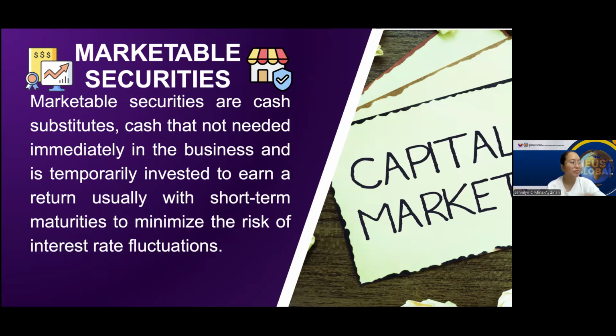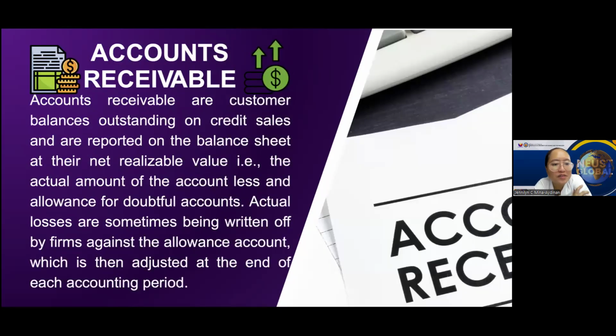use. And we have the accounts receivable. These are amounts owed to a business by customers who made purchases on credit, or in Filipino, mga pautang. They are reported on the balance sheet at their net realizable value, which is the amount expected to be collected after accounting for any potential losses, like the allowance for doubtful accounts. Example, all right?